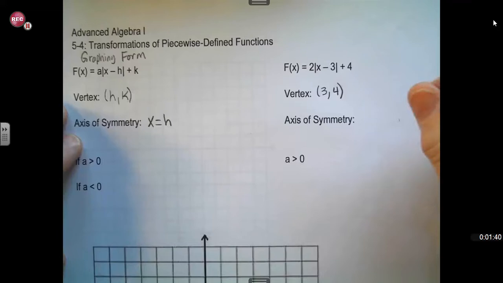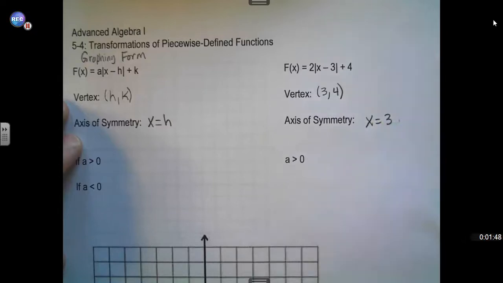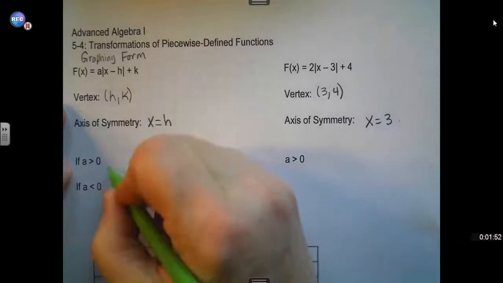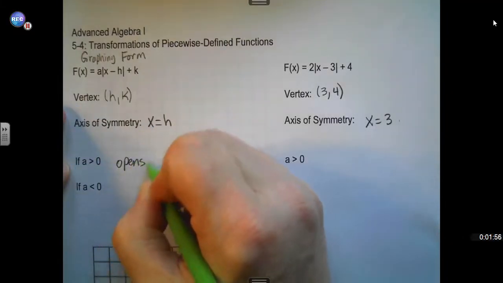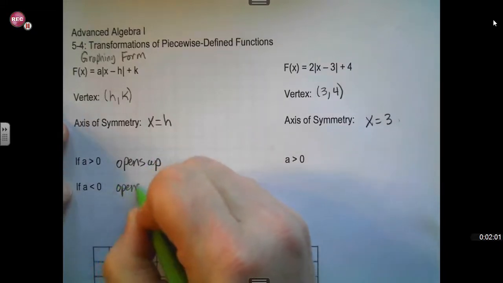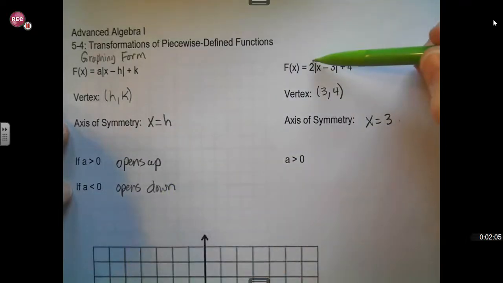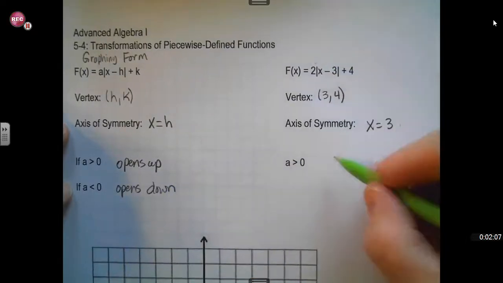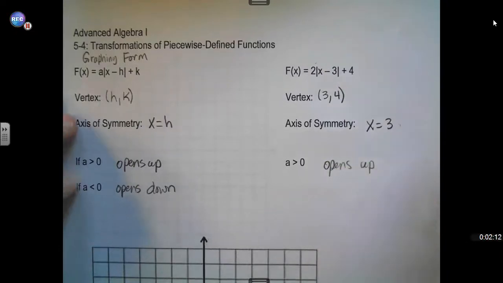It's the vertical line that goes through the vertex. So here, x equals 3. If a is greater than 0, that absolute value opens up. If a is less than 0, it opens down. In my example, I have a 2 out front, so this absolute value opens up because it's positive.